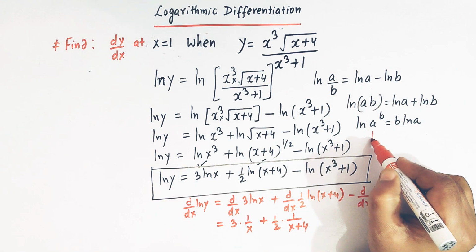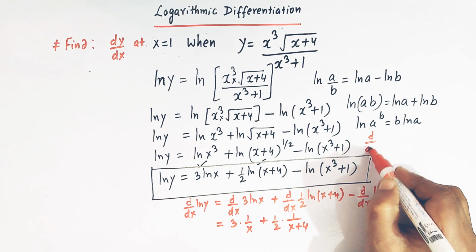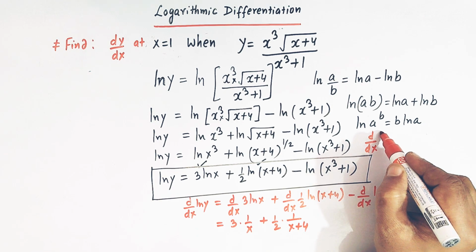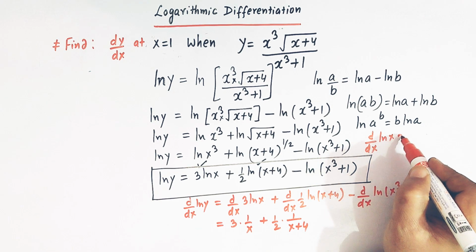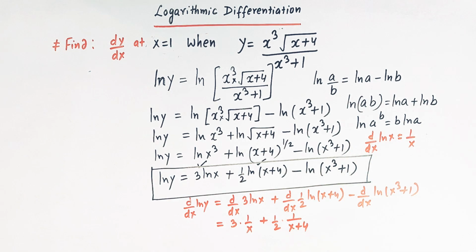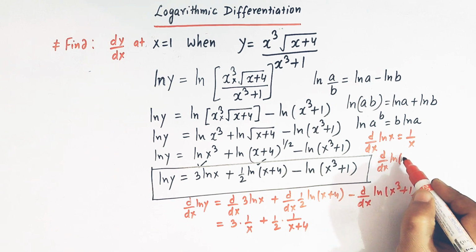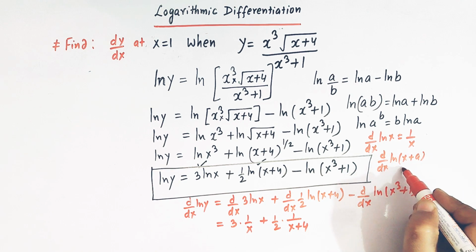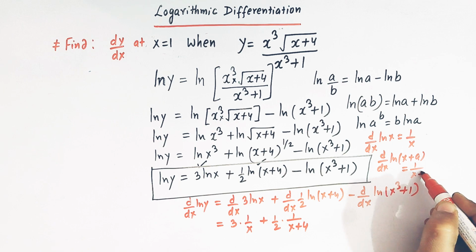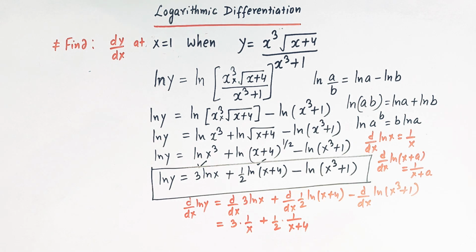So here we are using the derivative rule for log x, that is derivative of log x is 1 over x, right? And similarly the derivative of log of x plus a is simply 1 over x plus a.